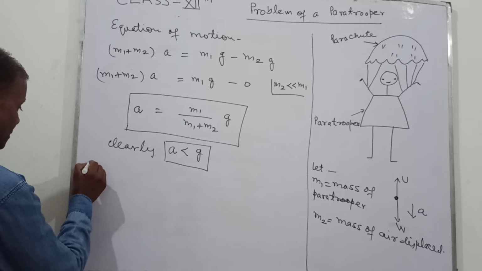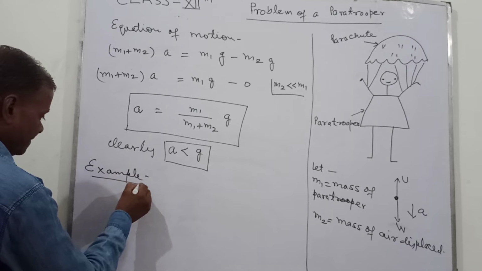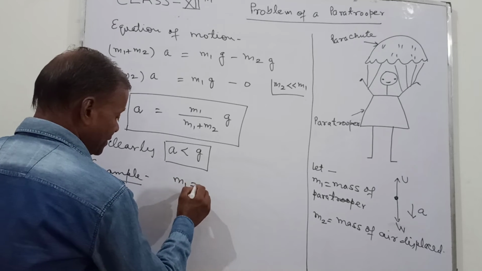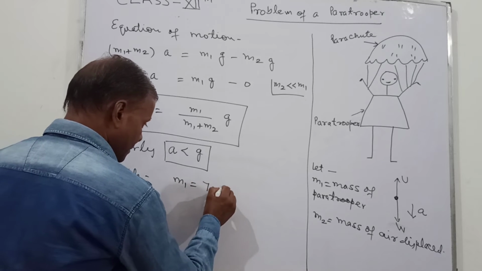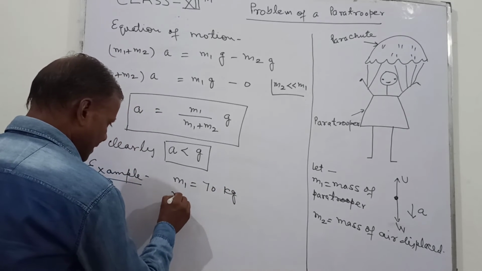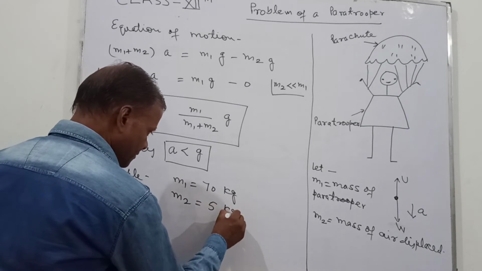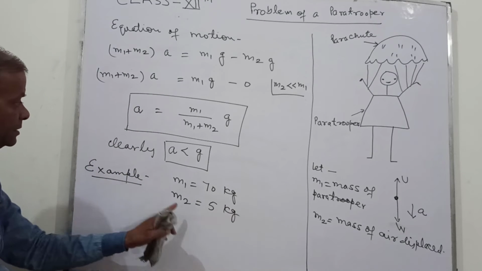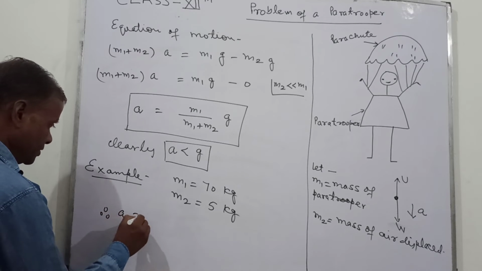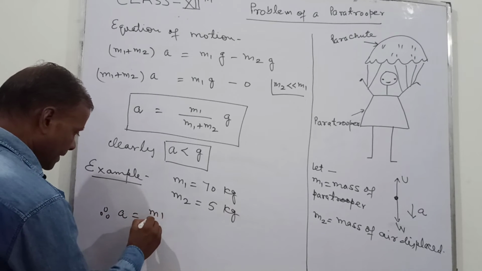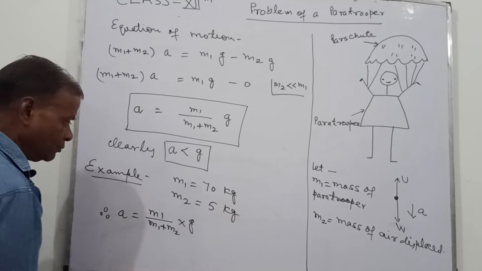I am giving an example: suppose m1 is equal to 70 kg and m2 is equal to 5 kg, then what will a be? Therefore a is equal to m1 upon (m1 plus m2) into g.